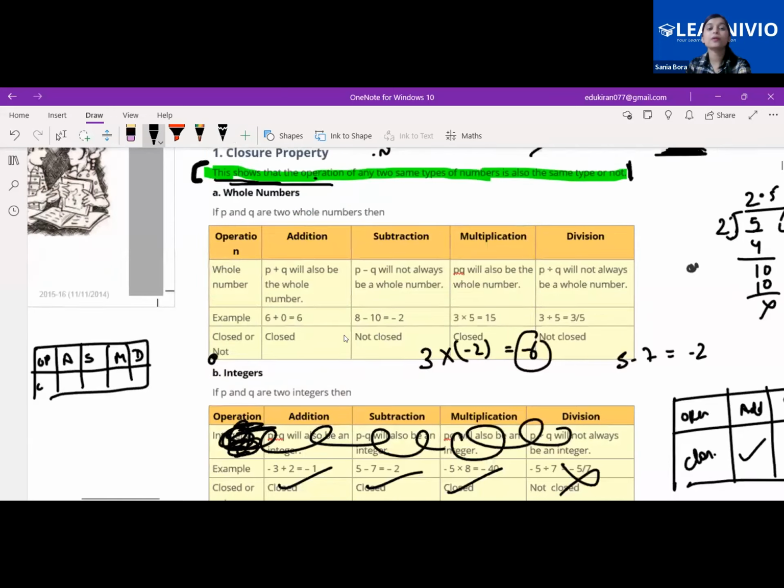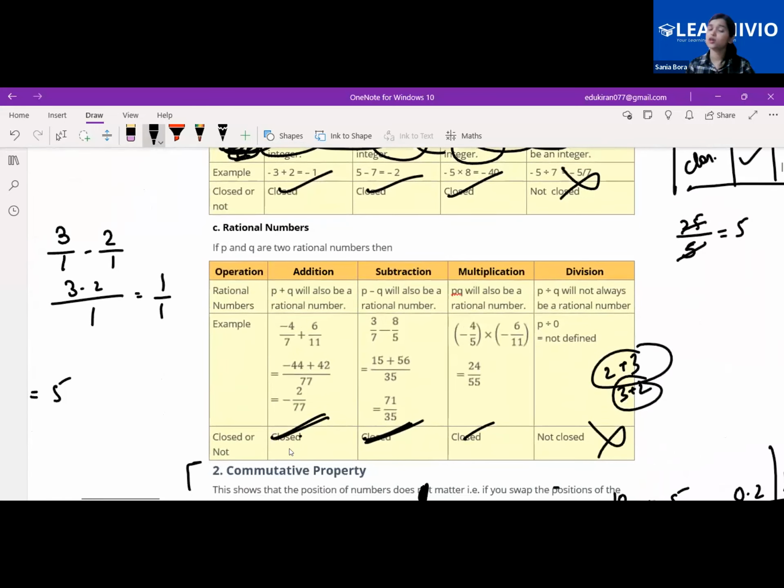When we add two rational numbers, we get a rational number, so closure property is applicable. When you subtract or multiply two rational numbers, it is also applicable. But when you divide two rational numbers, the closure property is not applicable. Clear?